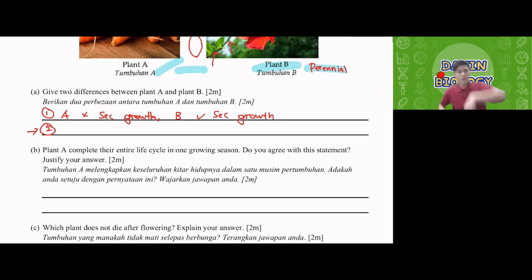Okay, let's do another one. A completes its life cycle in 1 growing season. Do you agree with this statement? Justify your answer. Guys, agree or not? Yes or no?